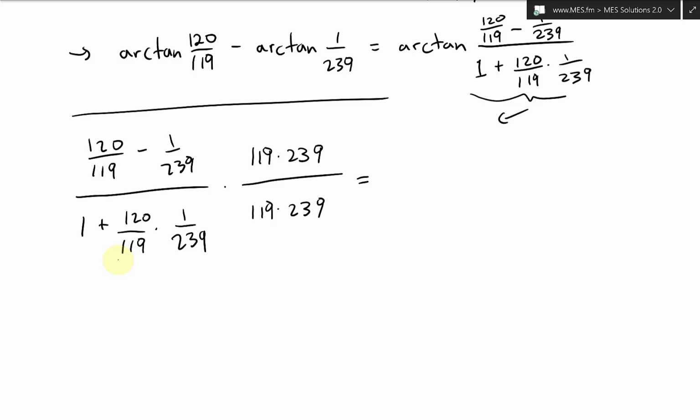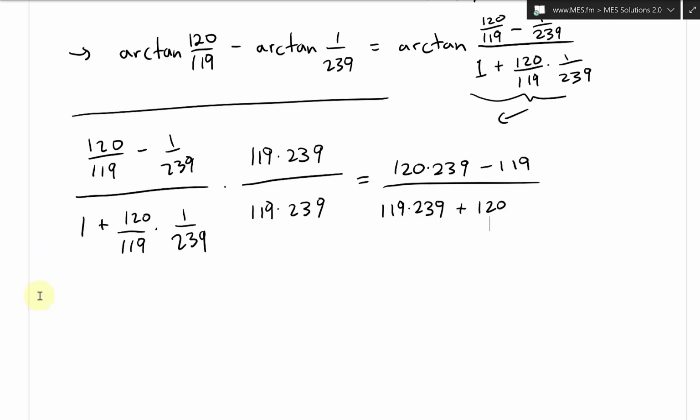When you multiply this inside to this left side here, the 119 cancels, so we get 120 times 239. And in this one, the 239 cancels, and we're left with 119. Then the bottom cancels, so we're left with 119 multiplied by 1 times 239, and then plus 120.